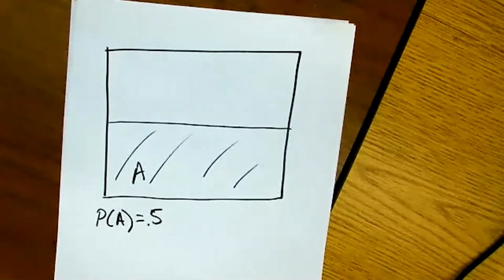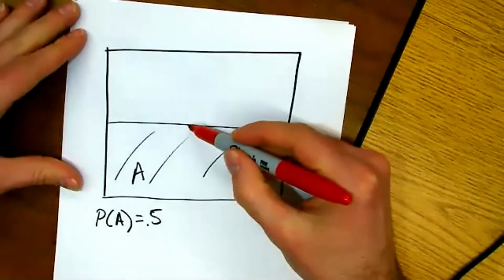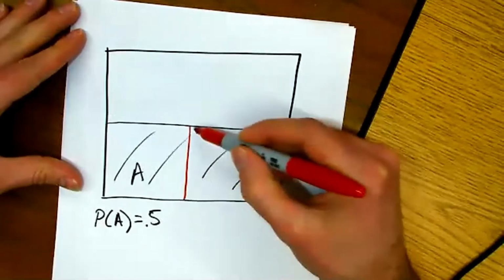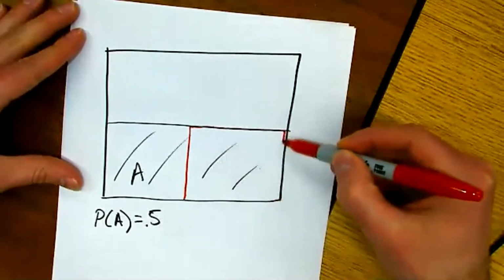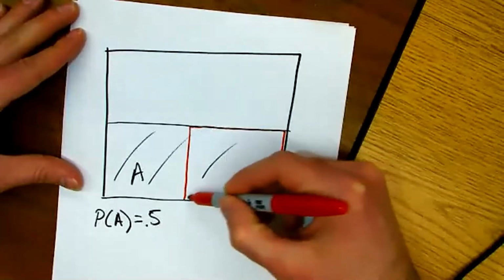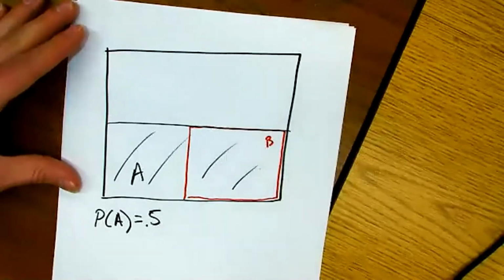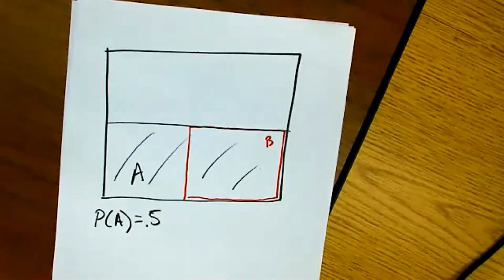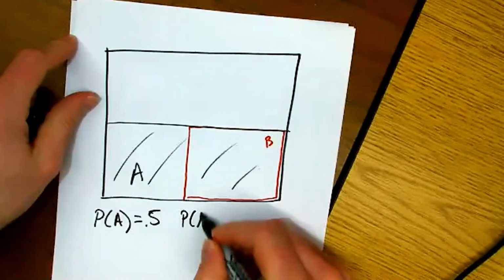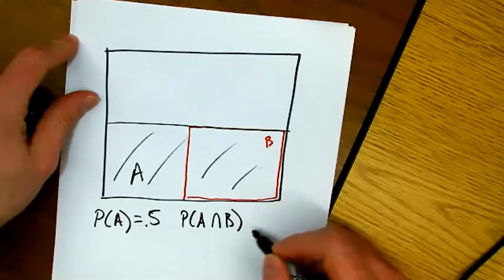Let's say I then take this little rectangle or square over here, and I'm going to call this event B, okay? So what is the probability of A intersected with B?